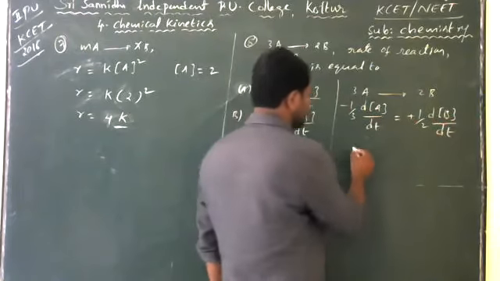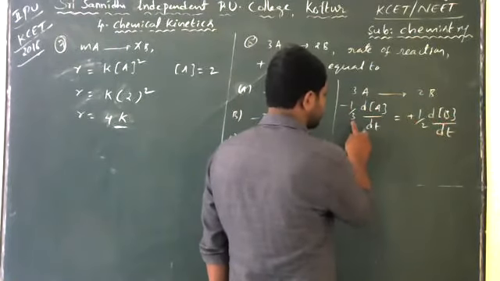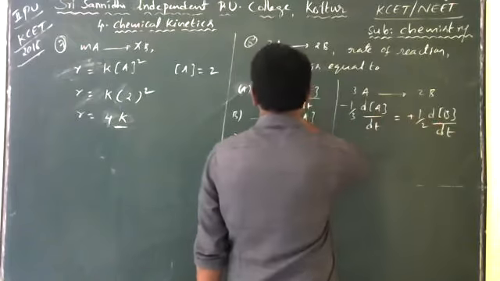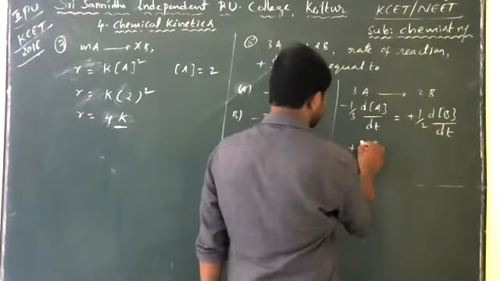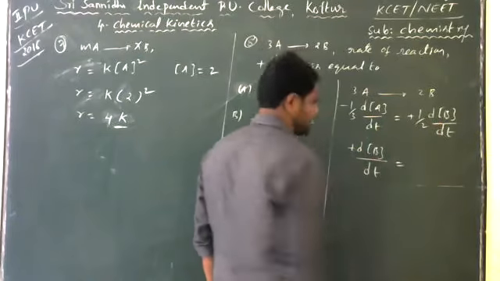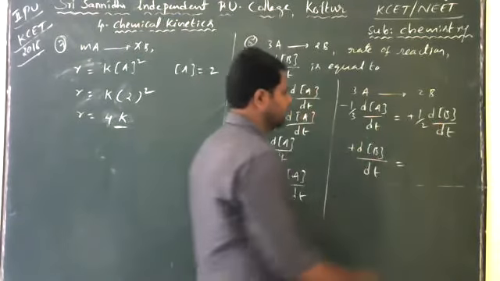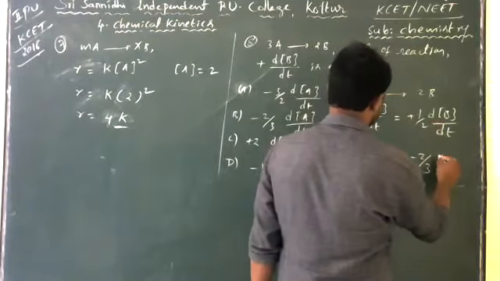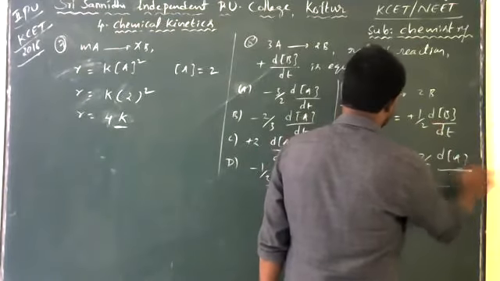Now what we want here is plus d concentration of B divided by dt. The 2 goes here, so it becomes minus 2 by 3 d concentration of A divided by dt.